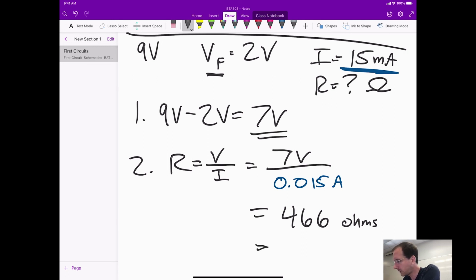And so in this case, the nearest standard value would be 470 ohms. One of the things that you usually have to do is the backwards calculation and say, okay, if I substitute in a 470 ohm, the current's going to change a little bit. Is it still going to be within an acceptable value? And usually it is.